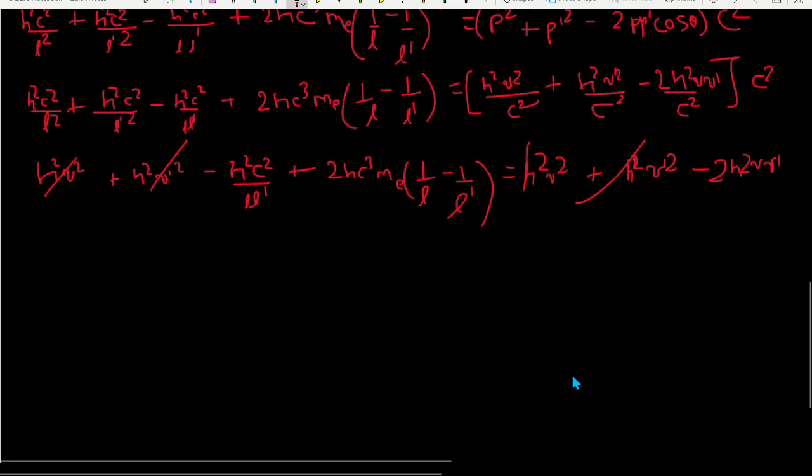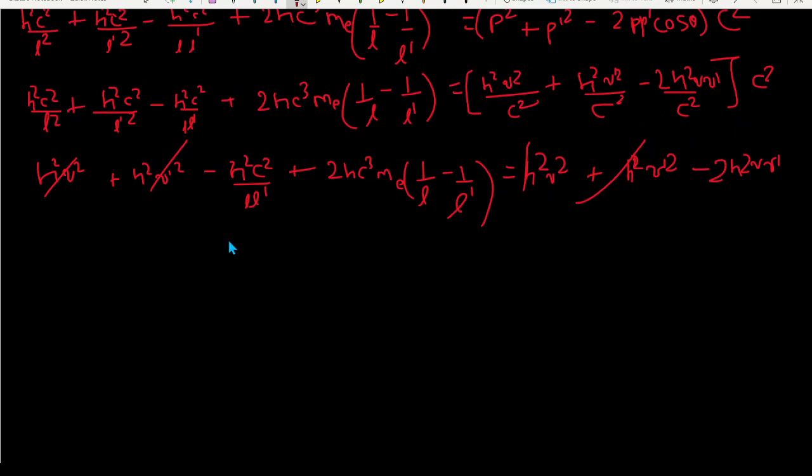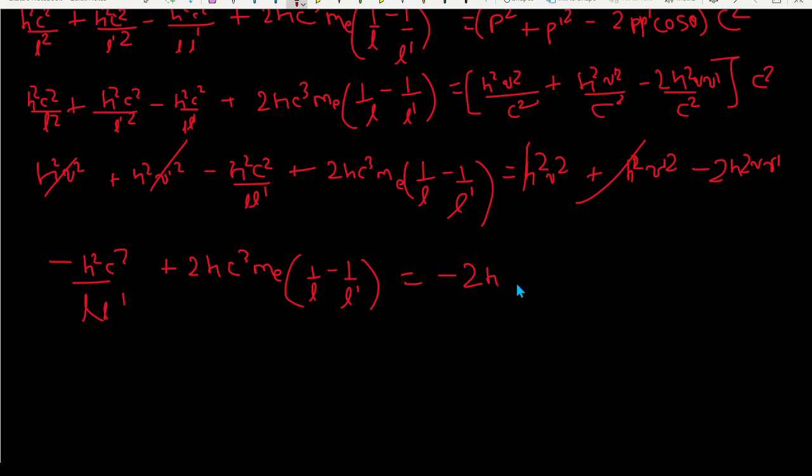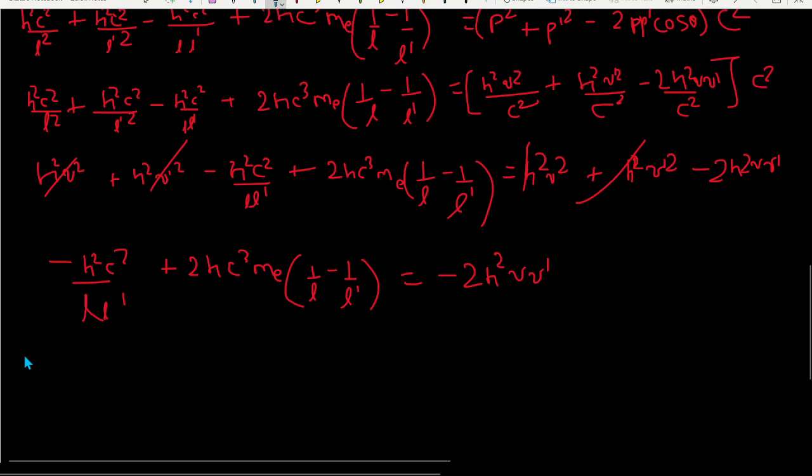Now we have negative of h square c square divided by lambda into lambda dash plus 2hc cube m_e into 1 upon lambda minus 1 upon lambda dash, which is equal to negative of 2h square mu into mu dash. To simplify this, I'm using blue.